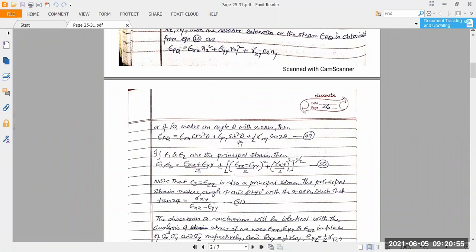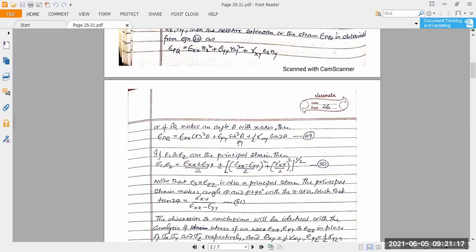And ny, the angle with the y-axis, is 90 degrees minus theta, so ny square is sine square theta, and gamma xy multiplies nx ny, which is sine theta cos theta.